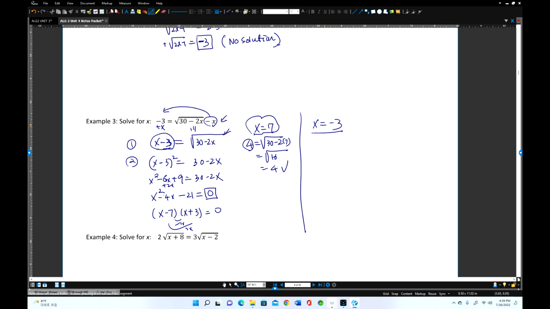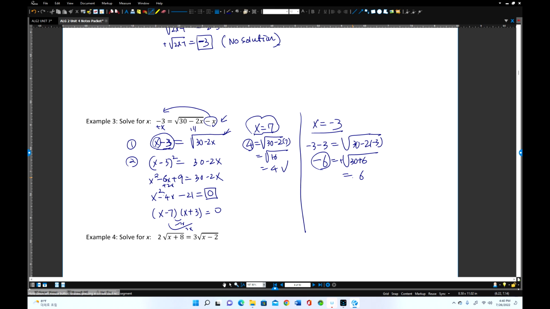What about this one? Put negative 3 in there. Negative 3 minus negative 3... on the right, 30 minus 2 times negative 3 is 30 plus 6, 36. This side is already negative 6, and this is a principal square root, already positive, 6. Can they be equal?